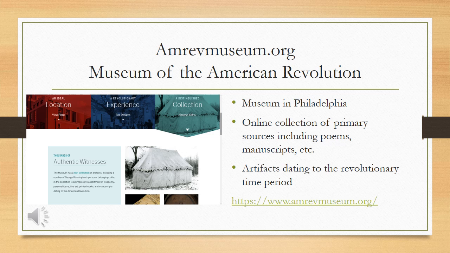The online collection includes primary sources of poems, manuscripts, and artifacts dating to the Revolutionary time period. Teachers could use many of these different primary source items to help students gain an understanding not only of the events from this time period, but the societal impacts of the events and how people reacted to them.